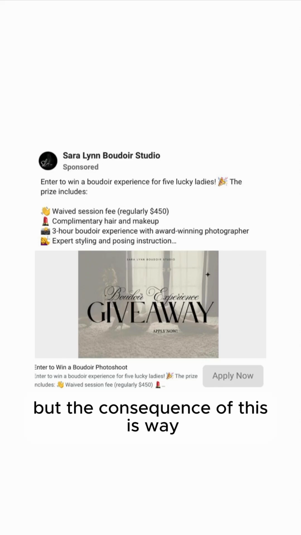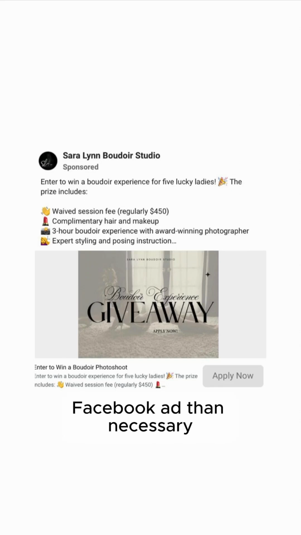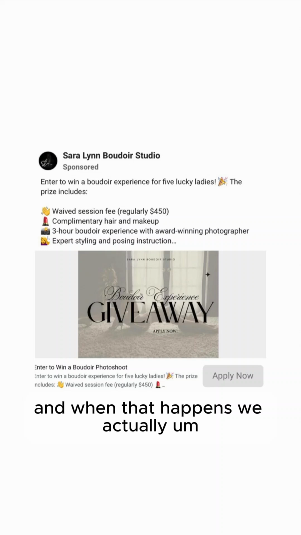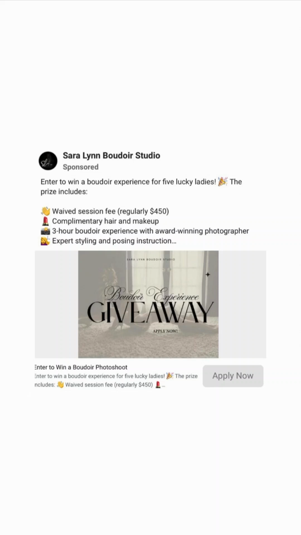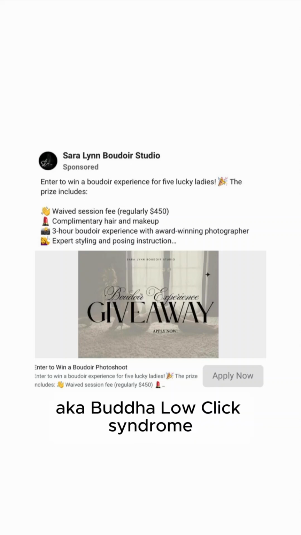But the consequence of this is way more women scrolling by our Boudoir Facebook ad than necessary. And when that happens, it pulls unique CTR under 6% and contributes to BLCS, aka Boudoir low click syndrome.